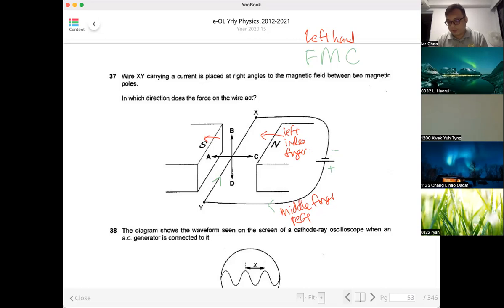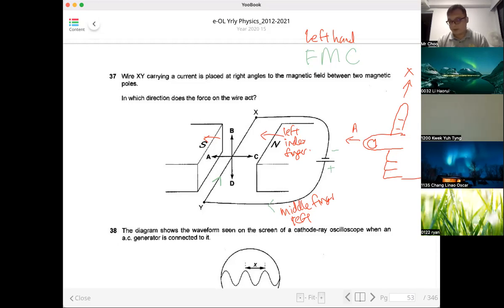Your left index finger will be pointing to the left. Your middle finger will be pointing to X. Your index finger will be pointing to the A. Clear? So in this case, where will your thumb be?